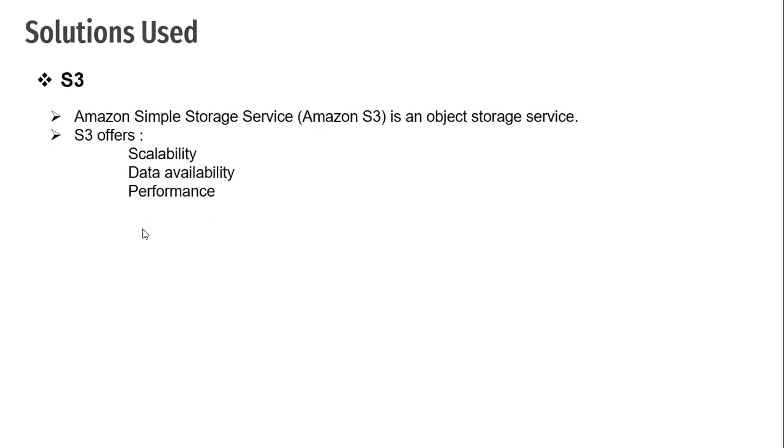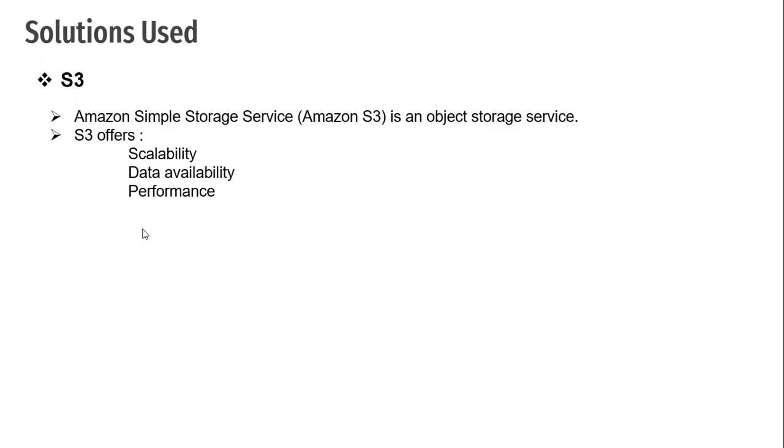To get started, let us see the solutions which we have used to meet this requirement. First is S3. Amazon Simple Storage Service is an object storage service. It offers scalability, data availability, and at the same time gives you the best performance.